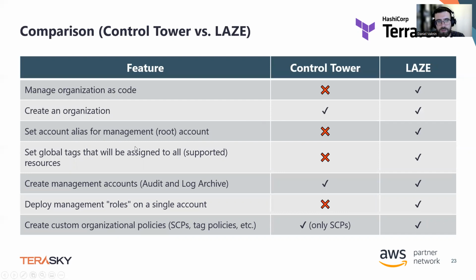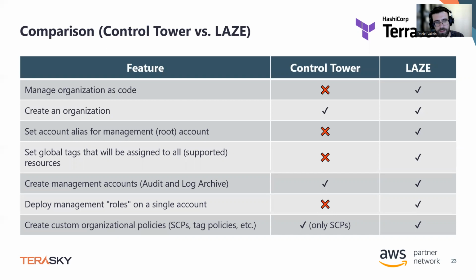In LAZE, we also support the creation of the alias of the management account. This is maybe a small thing, but it's another thing that is supported by LAZE. You can define what the account alias, the IAM alias, if you're familiar with it, of the management account will be. You can set global tags on all resources inside the organization with LAZE. This is not supported with Control Tower. And this is cool because with Terraform, you have provider default tags, for example, for AWS.